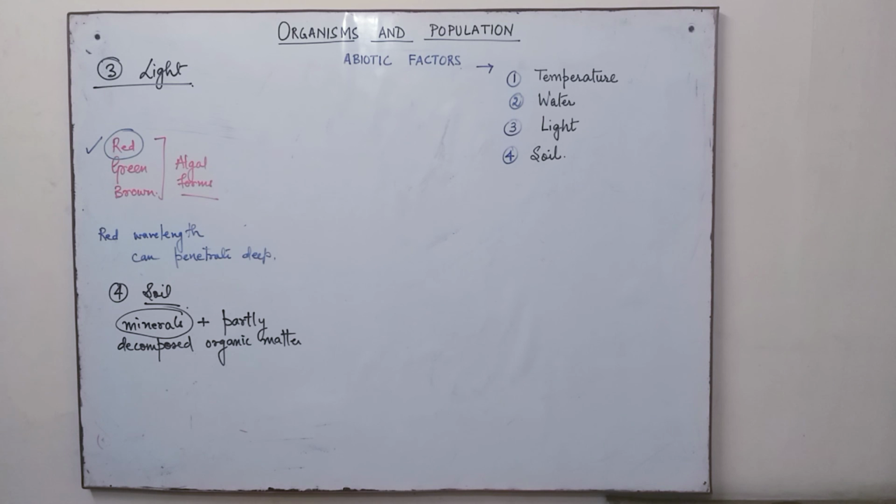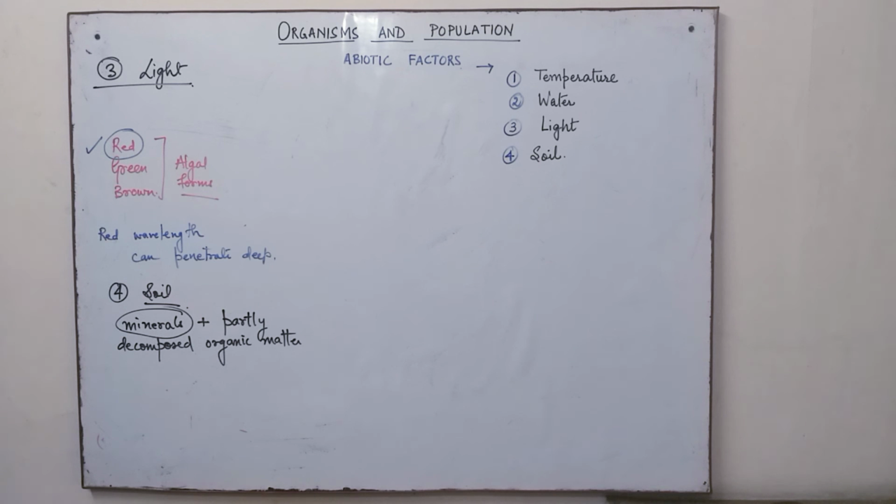And the soil characteristics such as the composition of the soil, the rate of percolation, water holding capacity of the soil, the pH of the soil, all this decides the type of the vegetation and the animals which will be thriving in that particular zone. Therefore, soil also comes as an important abiotic factor that determines the type of organisms which will be thriving in that particular area.